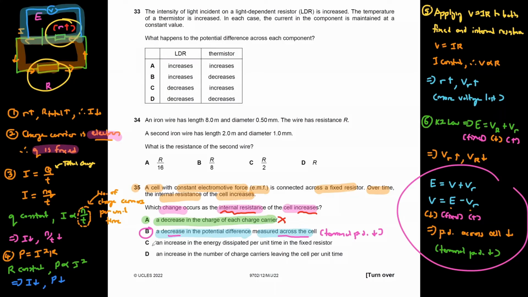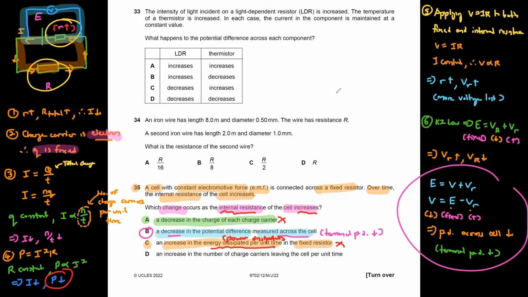And then in statement C, you have an increase in the energy dissipated per unit time in the fixed resistor. When they tell you the energy dissipated per unit time, this is actually referring to the power dissipated. So we already established here that the power dissipated will actually decrease when the internal resistance of the cell increases. So this is actually wrong.